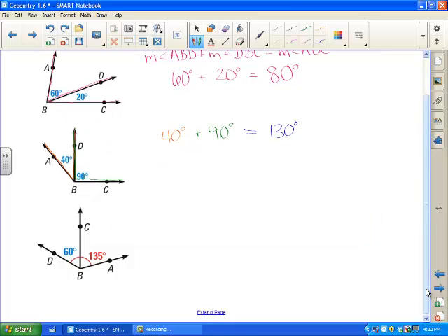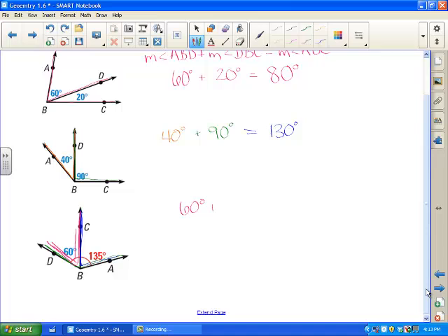Alright, one last example. Remember that arc we saw at the beginning of the video? I told you it would come back. Here it is again. In this example, that red arc is showing me that the 135 degrees is the measure of the whole angle, angle ABD. So here I have the two smaller angles, angle DBC and angle ABC, which have to add up to the larger angle, angle ABD.